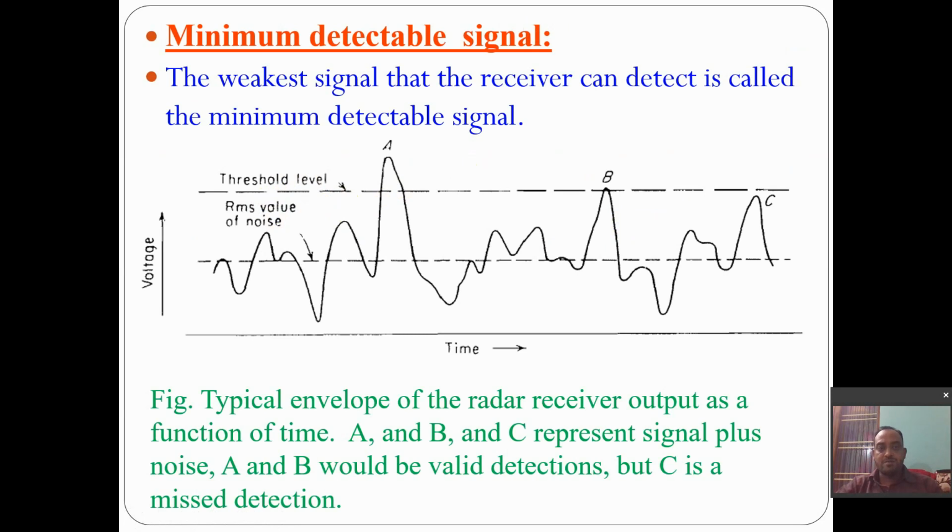The minimum detectable signal is the weakest signal from the target that can be detected by the radar. For this, the operator must set the threshold level dynamically.